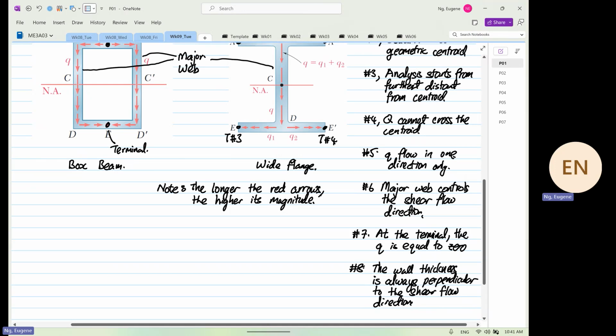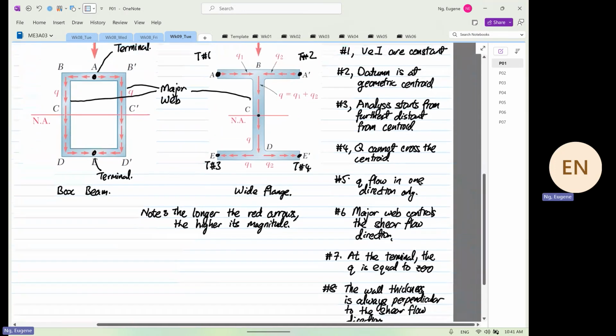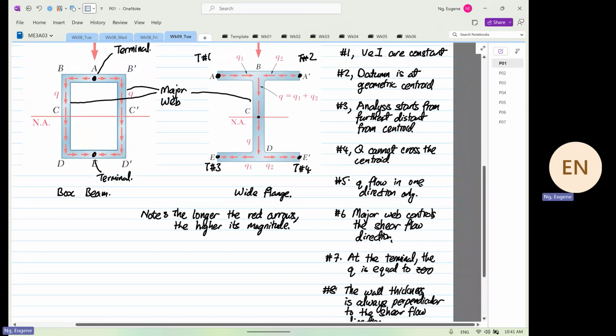So what do I mean by that? Okay, the wall thickness is always perpendicular to the shear flow direction.